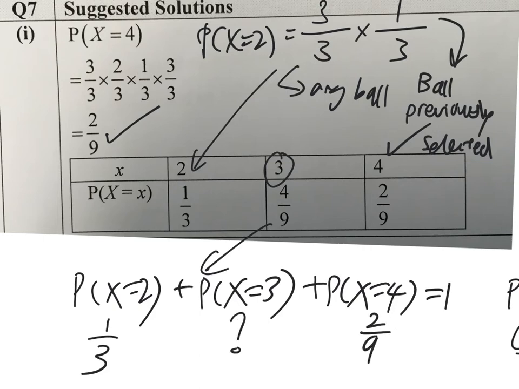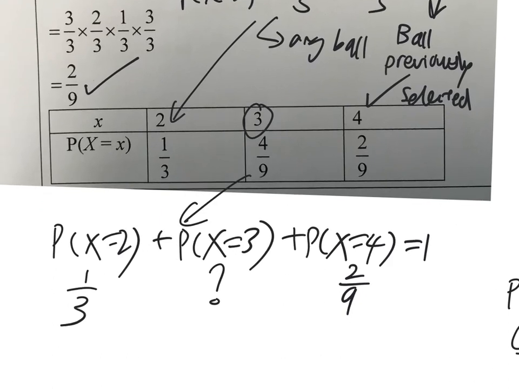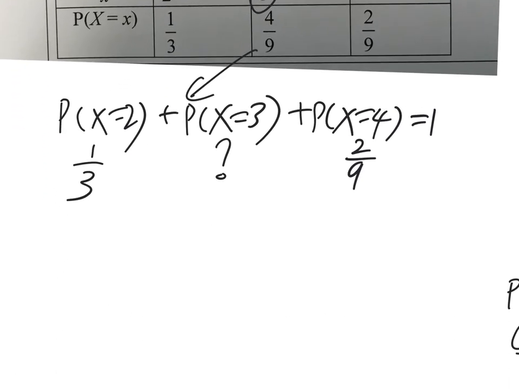Must be 4/9. So this is one simple way to work it out. But of course, for P(X=3), you could also choose to work out step by step.